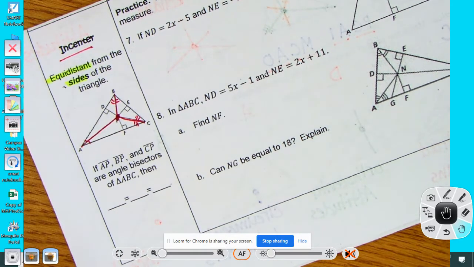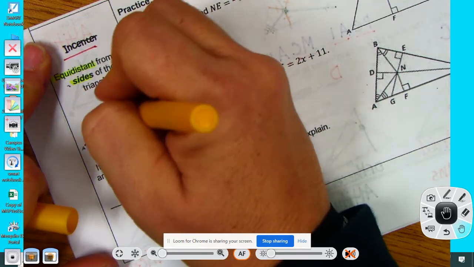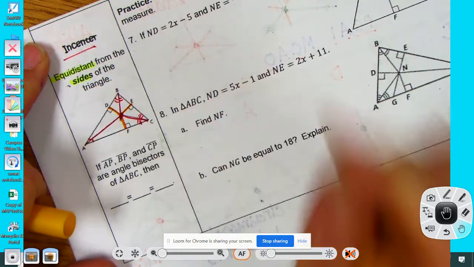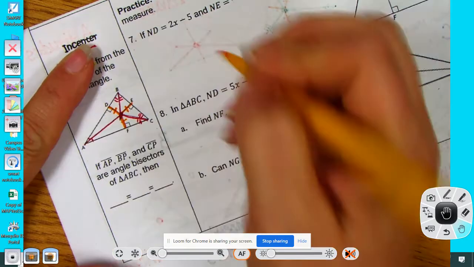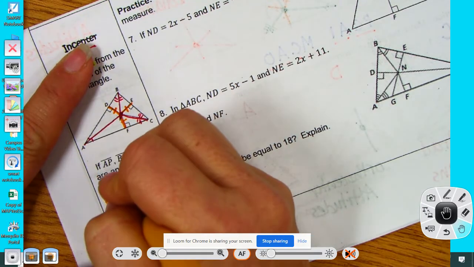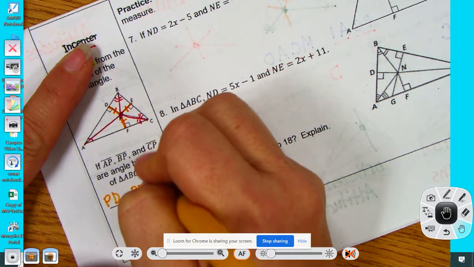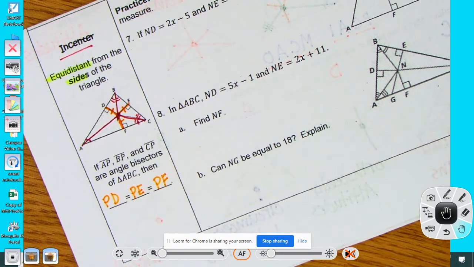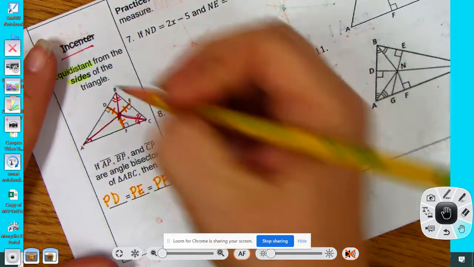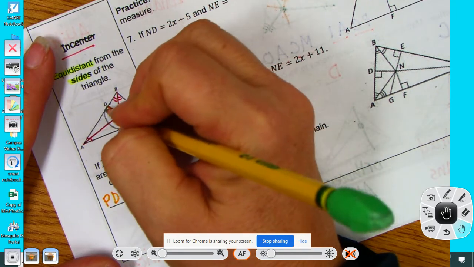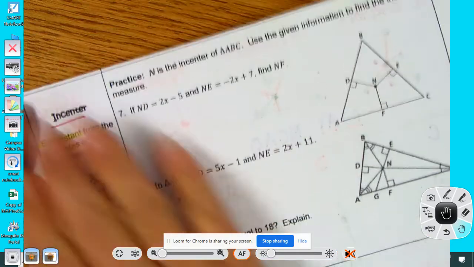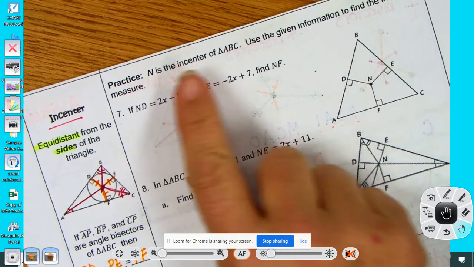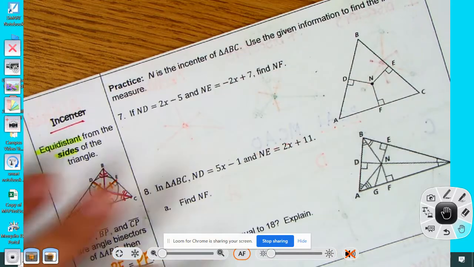Therefore, PD, PE, and PF are all going to be equidistant to the sides. And don't forget, there is a circle on the inside that makes that work. So now, knowing that, N is the incenter on both of these questions here.